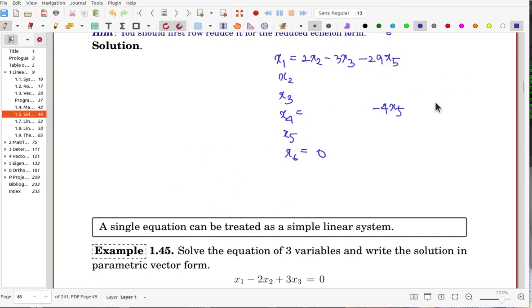From these equations, we can find the solution. x2 must be x2, the free variable, x3 must be x3, and x5 must be x5.